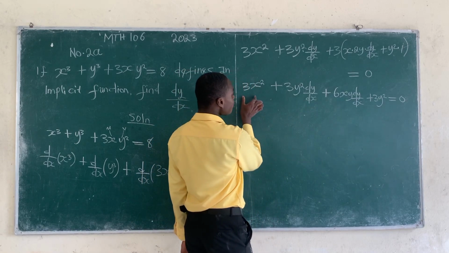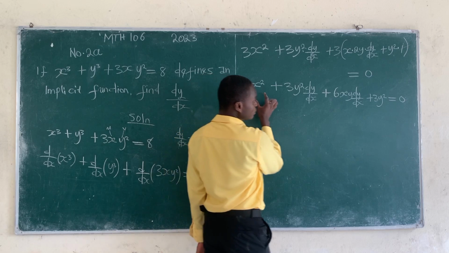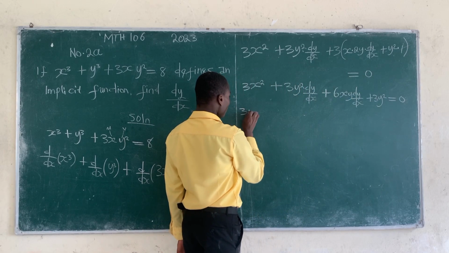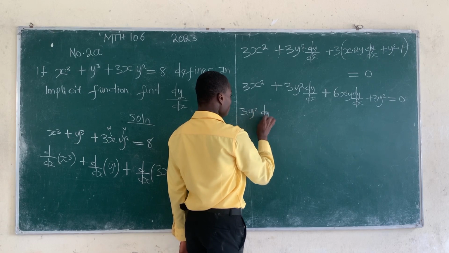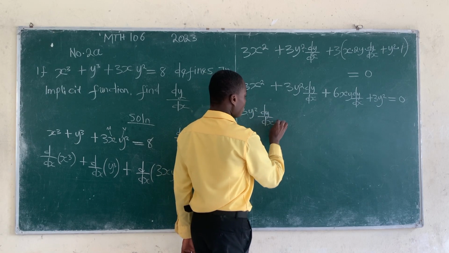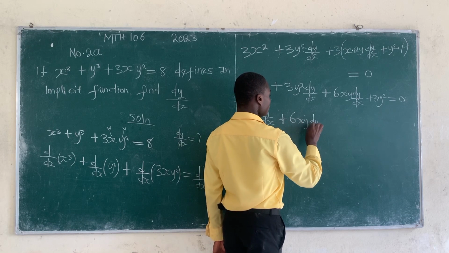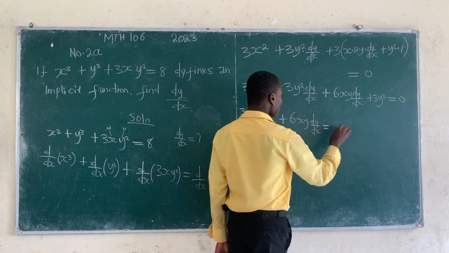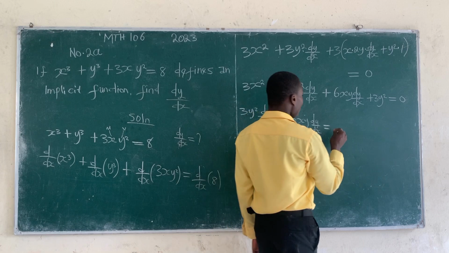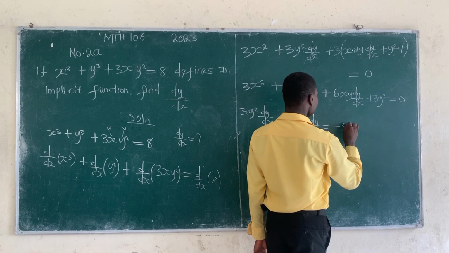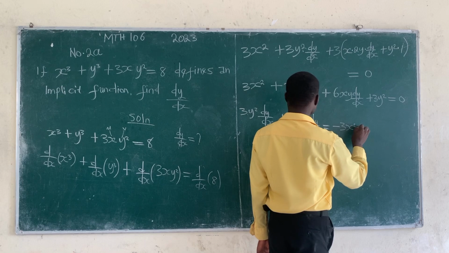So let's send every other term that does not contain dy dx over to this side. So what we have here is 3y square dy dx plus 6xy dy dx equals, if this comes over, it becomes minus 3x square.